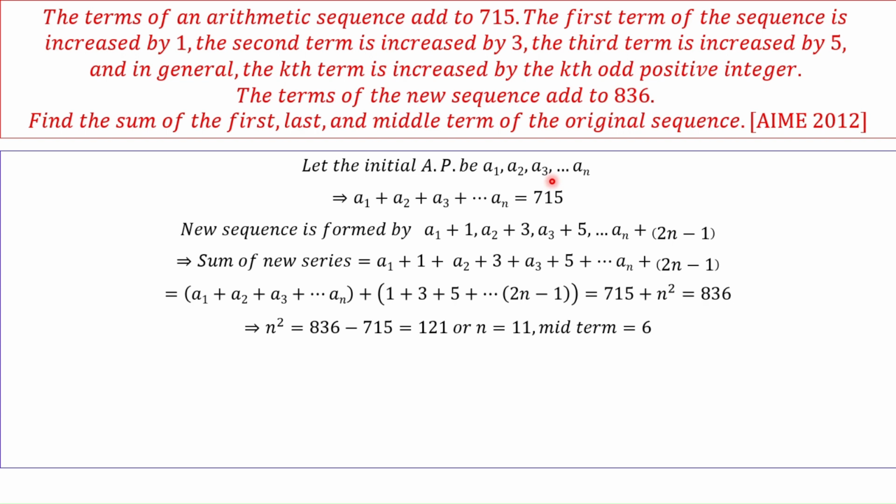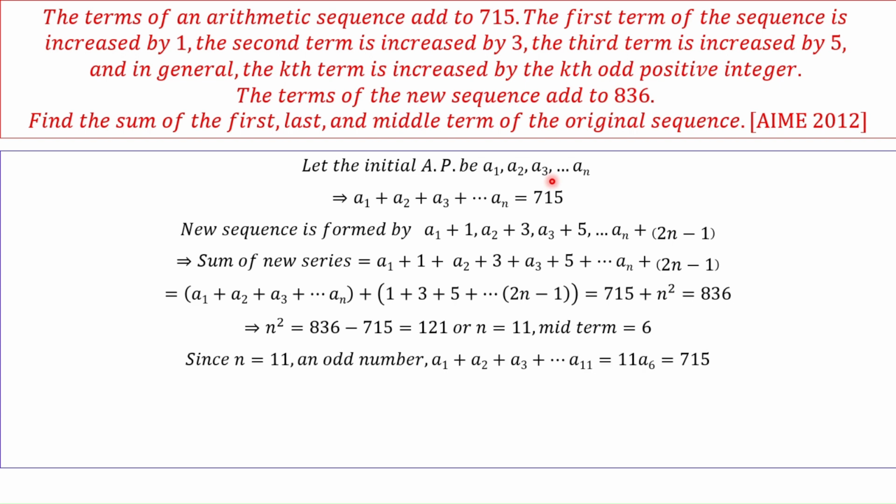So similarly a6 equals a1 plus a11 by 2. So a1 plus a11 will be twice a6. So the midterm is a6, we know. Now a1 plus a11 also will be twice a6. That is, if I want the sum of these three terms, that will be 3 times the midterm.